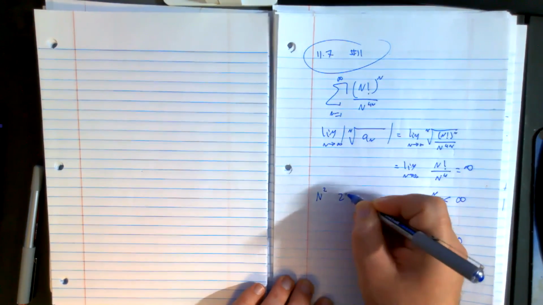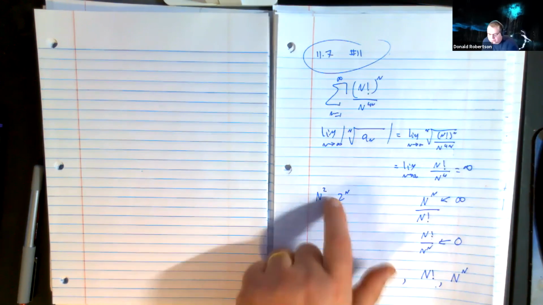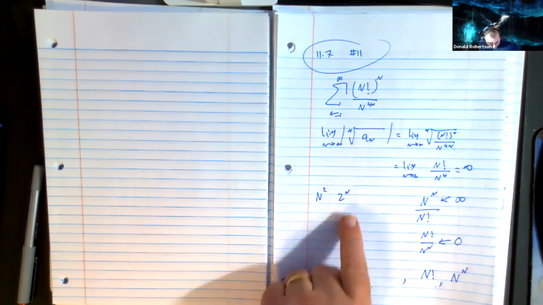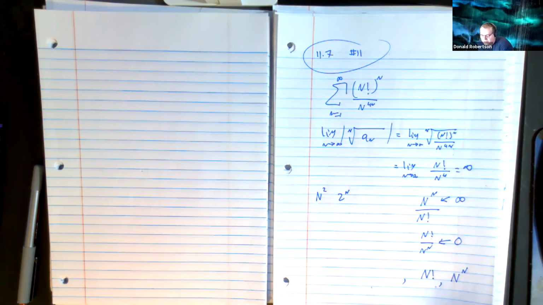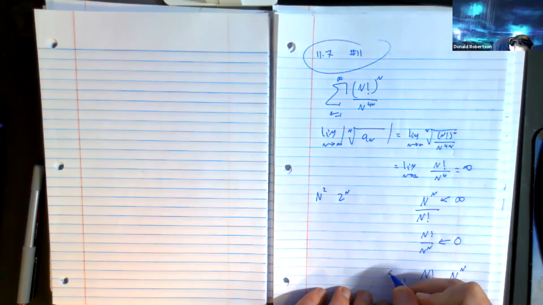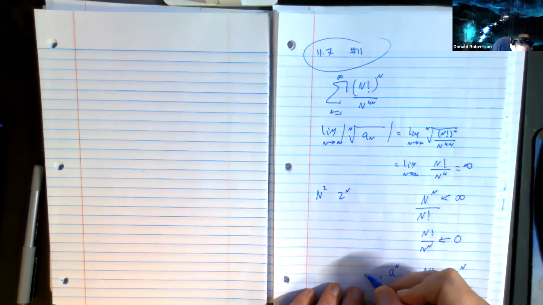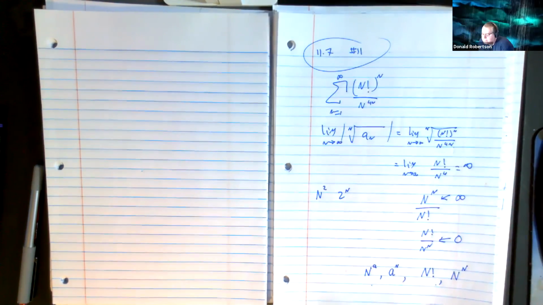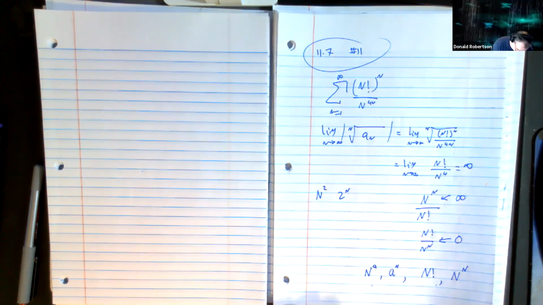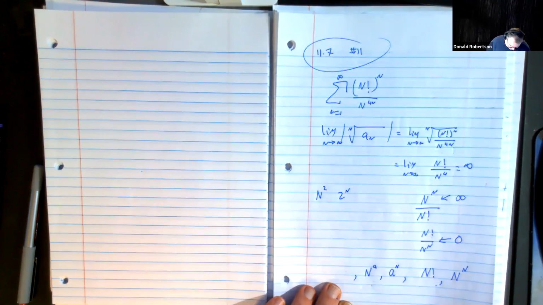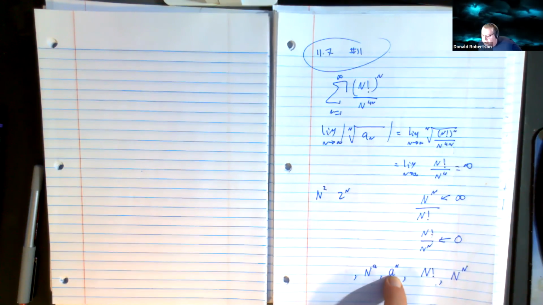Which one of these two, and these are just placeholders for the whole load of them, do you think gets infinite faster? 2 to the n or n squared? 2 to the n. And I'm just going to call that a to the n, and n to the a. And e to the n, for instance, is just an example of that.